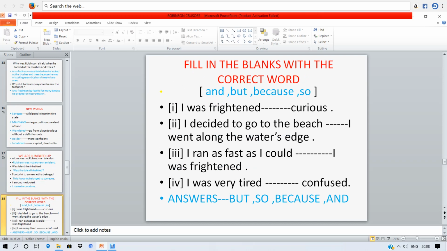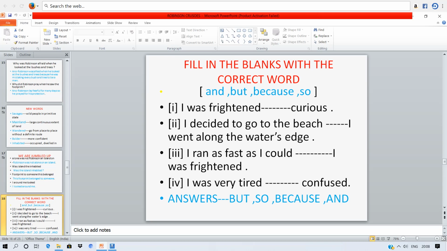Fill in the blanks with the correct word. Now these are a few words which are also known as conjunctions or joining words, and you have to fill them properly. Four options are given over here, and we have to fill the correct option in each sentence.